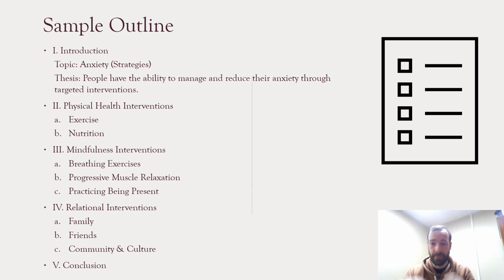So for this first category, physical health interventions, I want to focus on 2 different areas. I want to write a bit about exercise. I want to write a little bit about nutrition. 2 things that you can focus on for your physical health that are going to help you with anxiety. I'm going to talk about strategies that you can use with exercise and nutrition and how they're going to impact your anxiety directly.